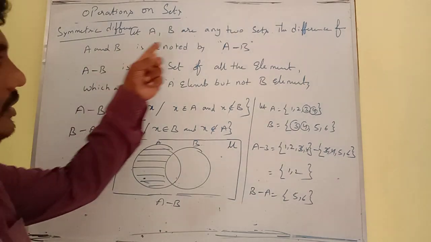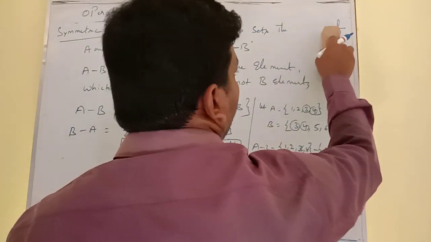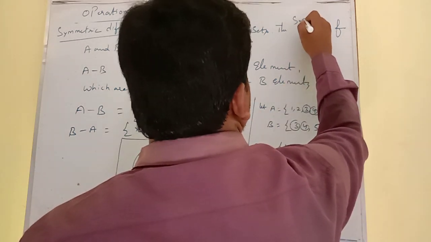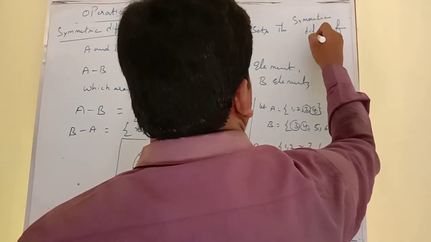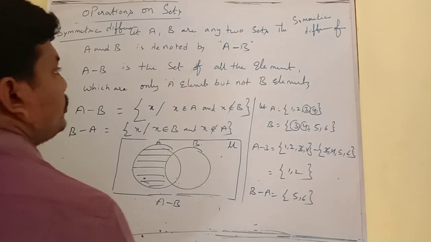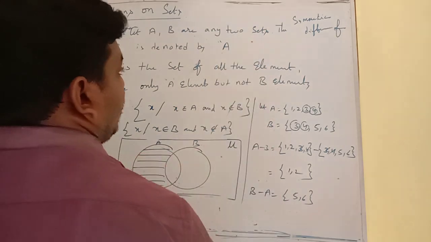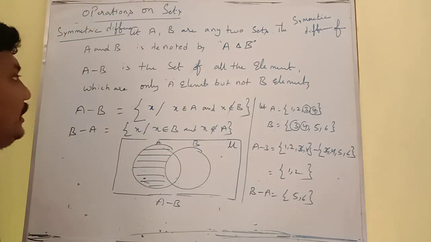Let A, B be any two sets. The symmetric difference of A and B is denoted by A delta B. This is called the symmetric difference.